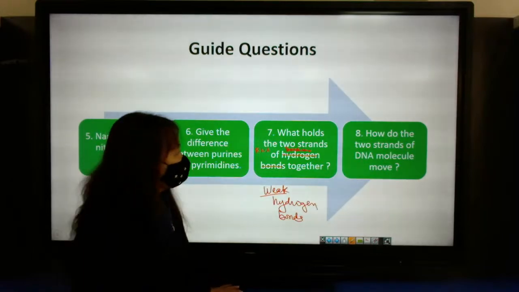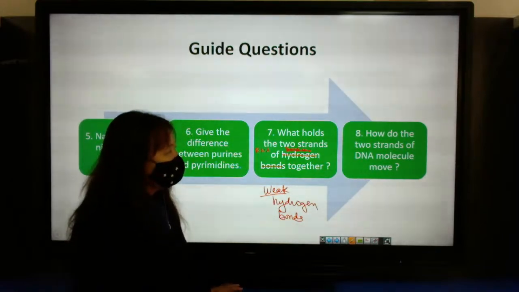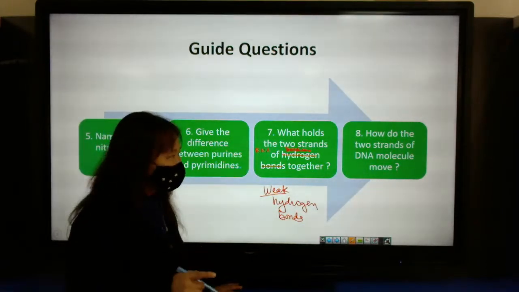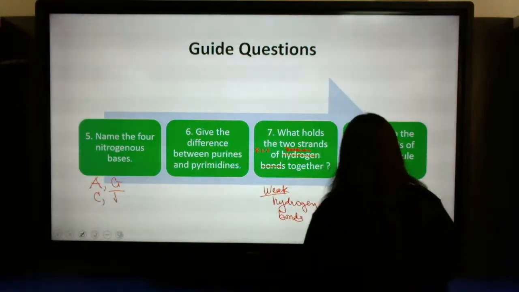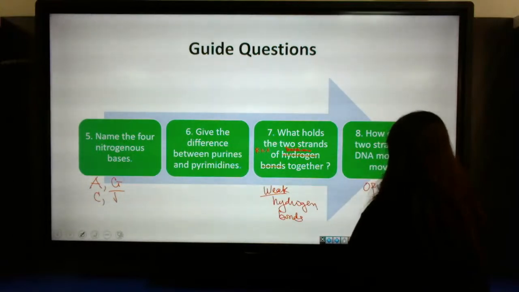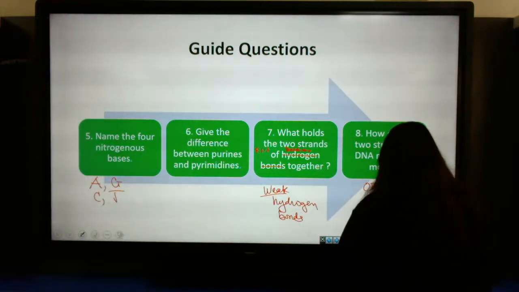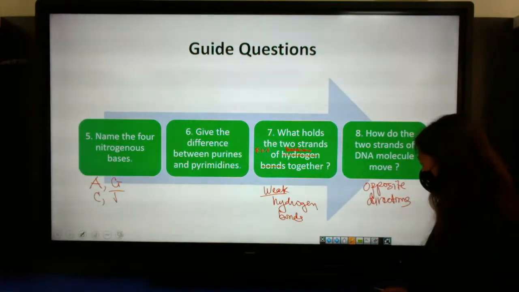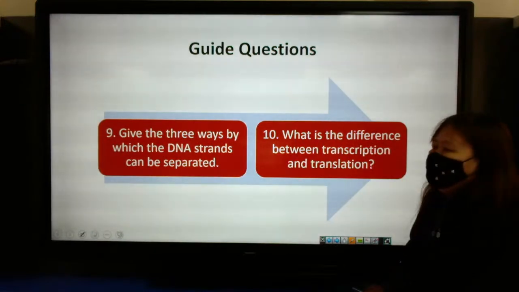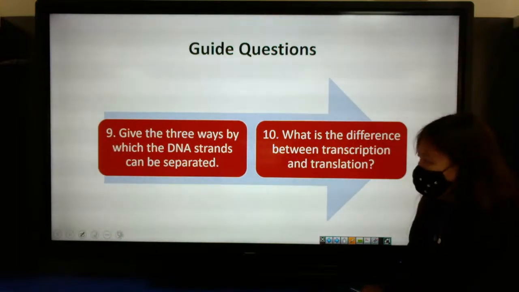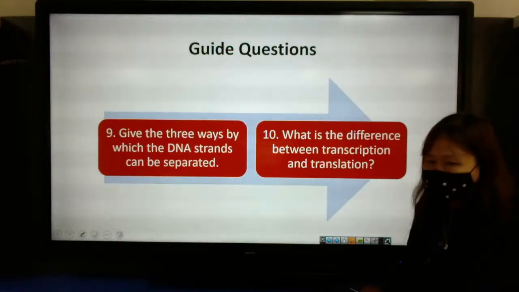Okay, let's move on. Number 8, how do the two strands of DNA molecules move? According to the video, they move in opposite directions. Next one, number 9. What are the 3 ways by which DNA strands can be separated?